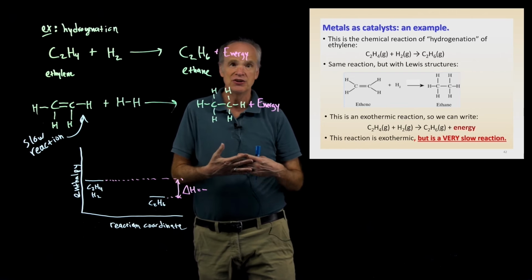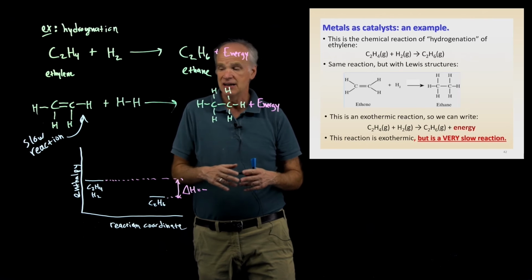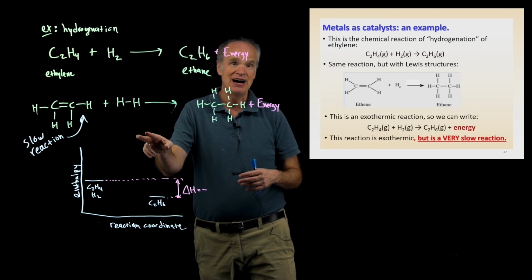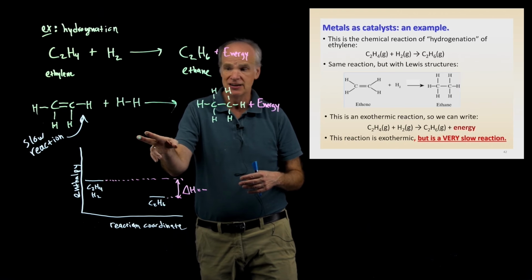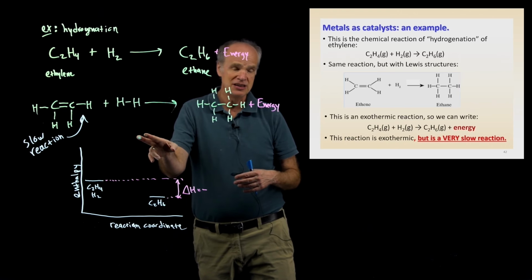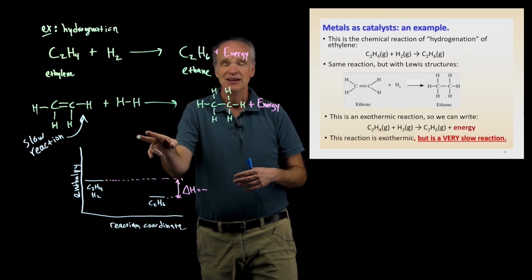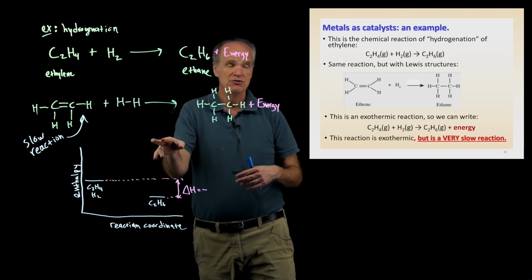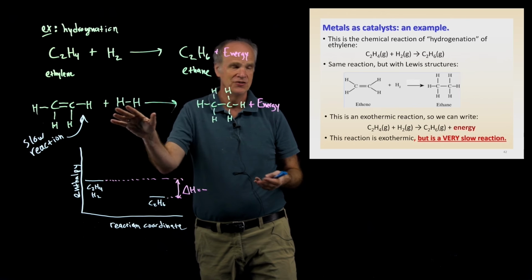How do we do that? Well, to indicate that, we need to indicate that this reaction apparently has a very high energy transition state. You're going to need a lot of energy somehow getting to these reactants to get it to go. So normally at room temperature and pressure, this just won't go.